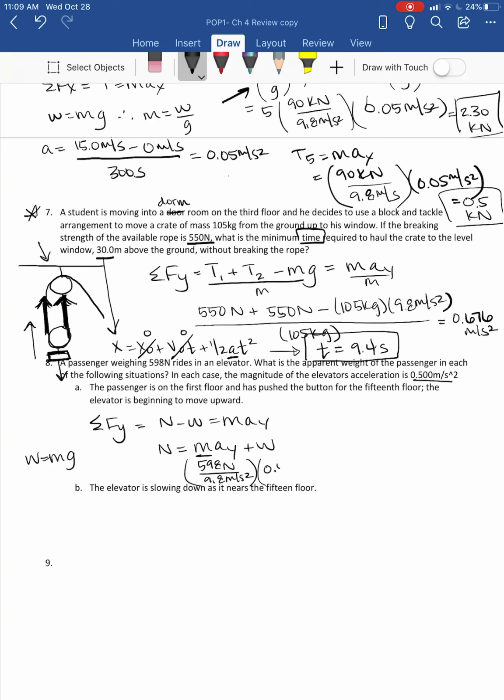So you have an acceleration that's positive, 0.5 meters per second squared, plus the weight of the person. So if you do all of that, you should get a force of 629 newtons.